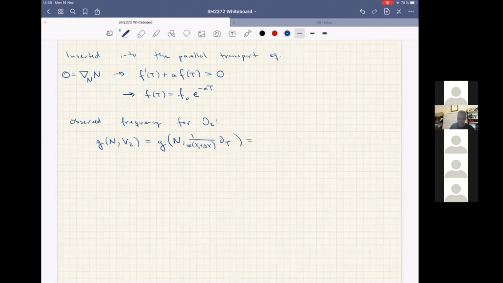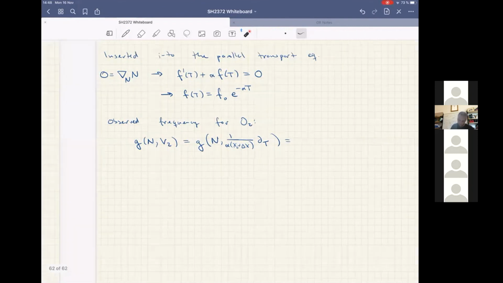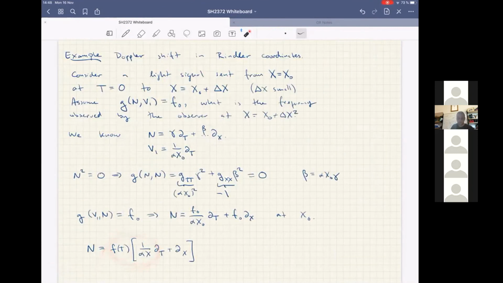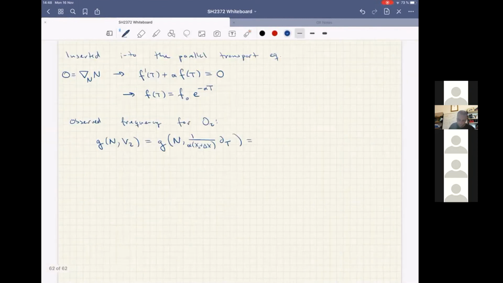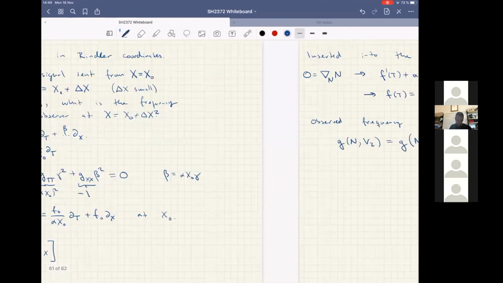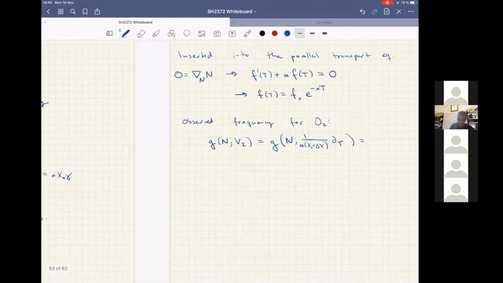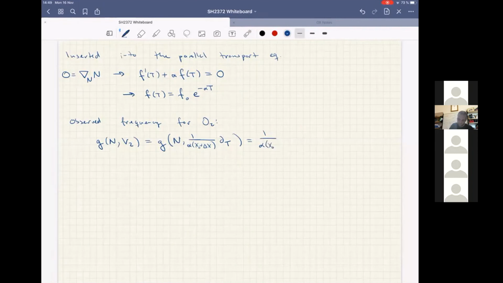So this is going to pick out the t component of this 4 frequency, which was essentially this. So this is going to be equal to 1 over alpha x0 plus delta x, all of this squared because I have it also here.